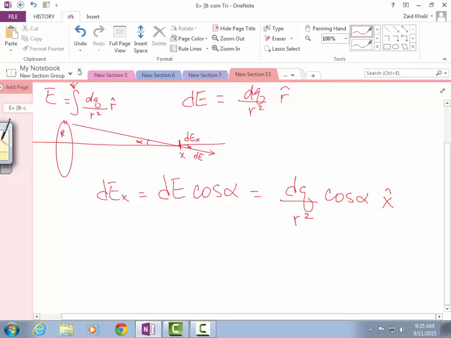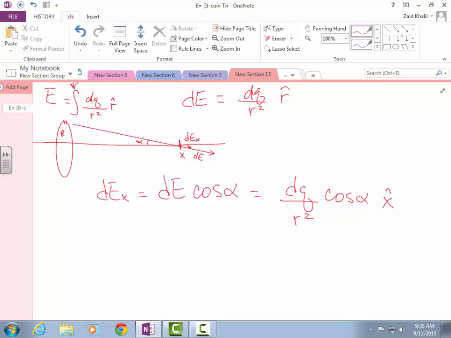So now, the question is, does the electric field change depending upon where each of these elements are? Like when I sum over dq, is any dq further or closer to x?